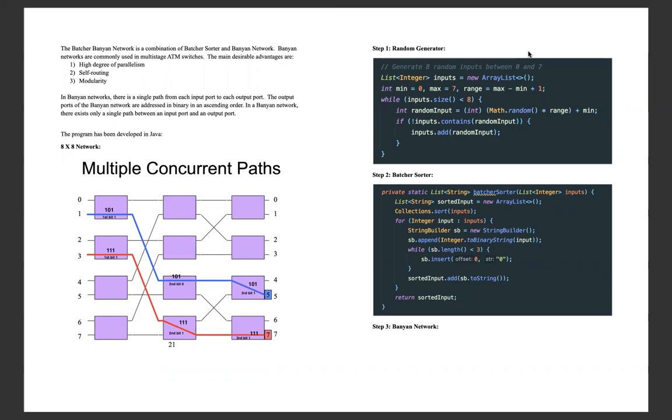For this, first we have to convert the destination port, number 5, to binary, which is 101. There are 3 bits. We start off with the first bit, which is 1.